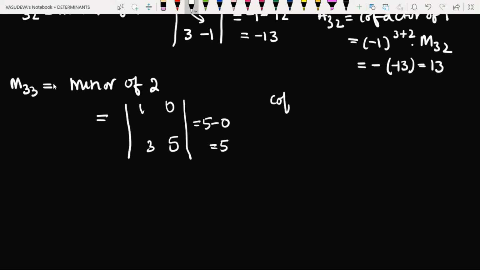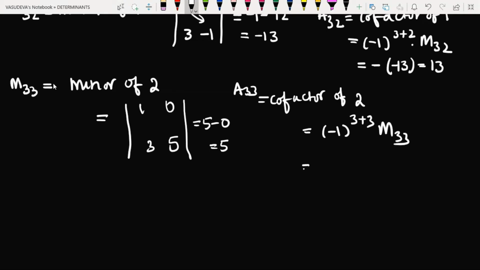So the cofactor of the element 2 is A33, that is minus 1 to the power of 3 plus 3 into M33. That is plus, because 3 plus 3 is an even number. M33 is 5, so it is plus 5.